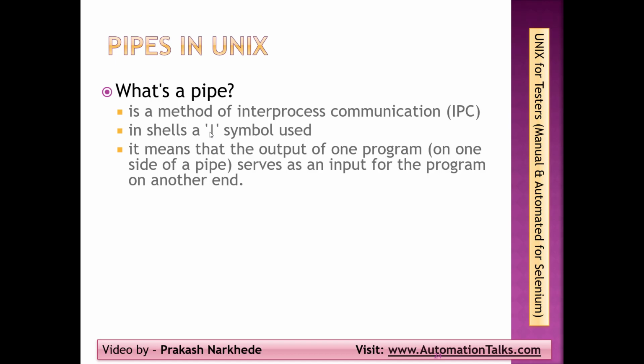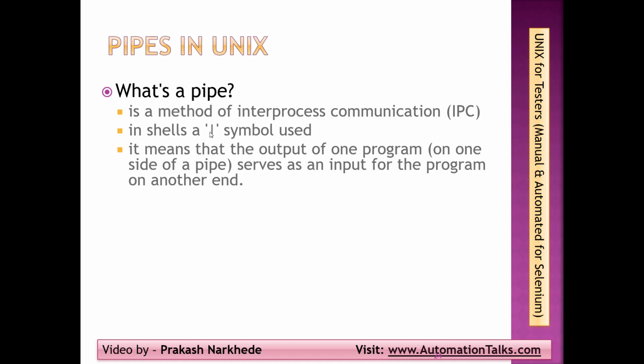What is happening is the output of the first program is going as input to the second program. That's what I mean by half duplex. A pipe allows you to chain your commands together in a very elegant way, passing the output of one program to the input of another program to get our desired end result.